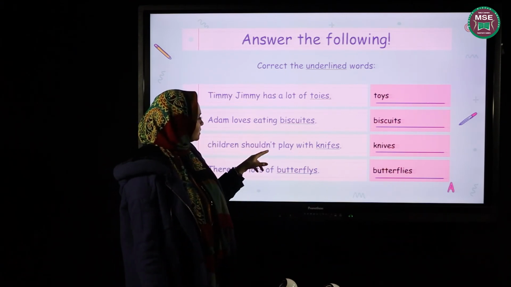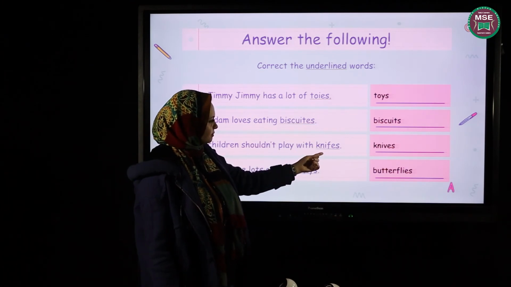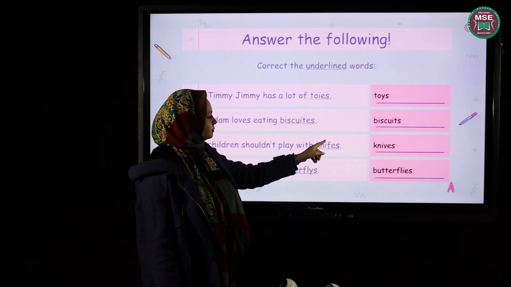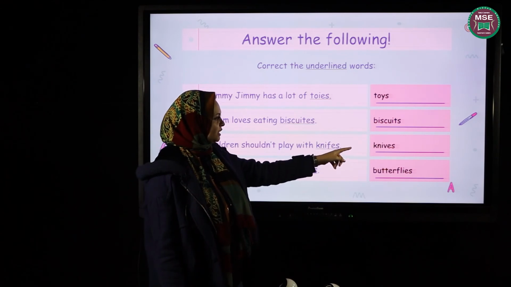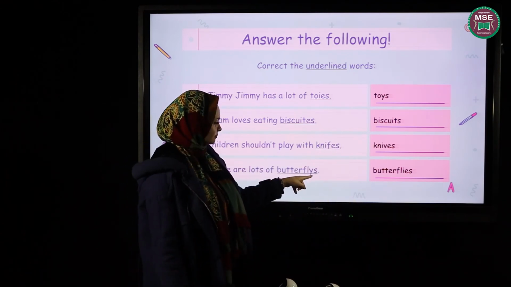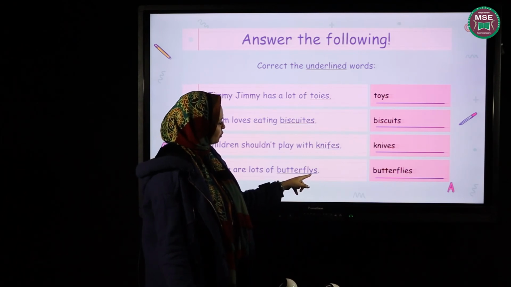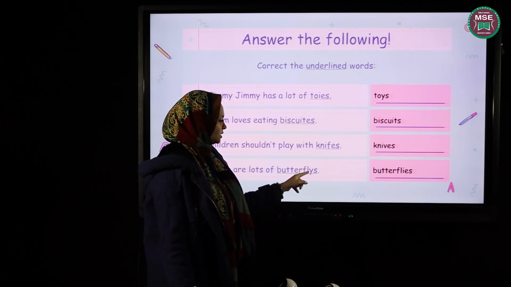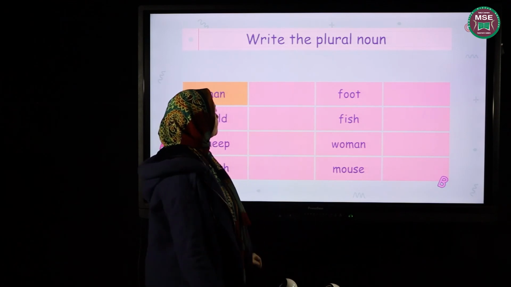Children shouldn't play with knives. Knives ends with FE, so we must cross them out and put VES. There are lots of butterflies. Like I said, before the Y is a consonant, so we must cross out the Y and put IES.